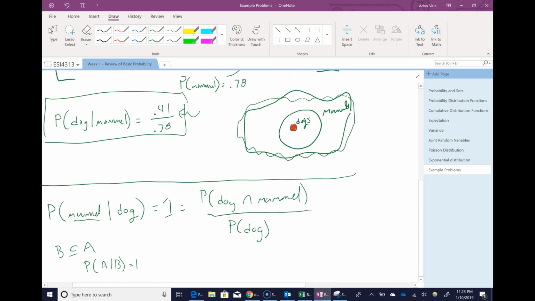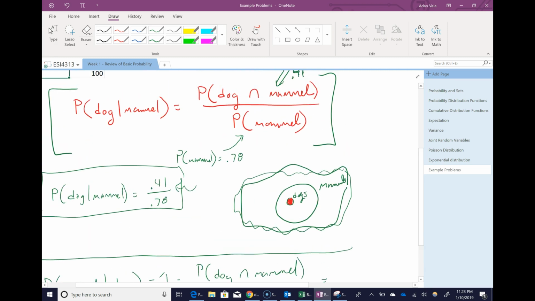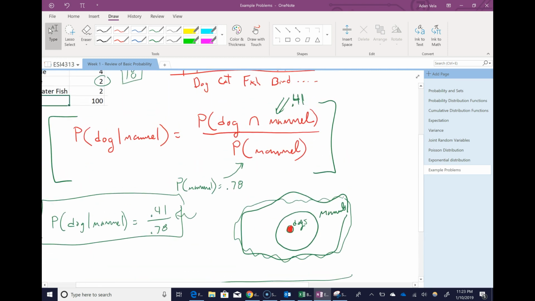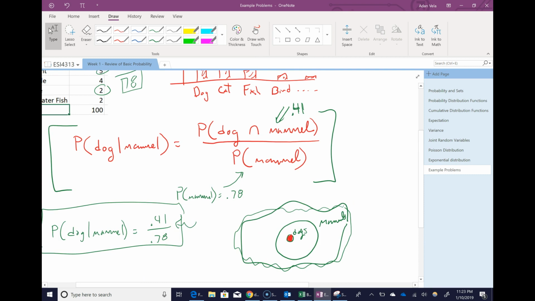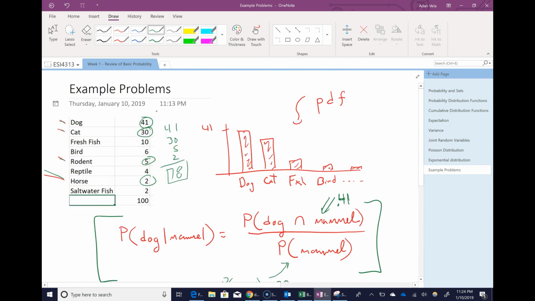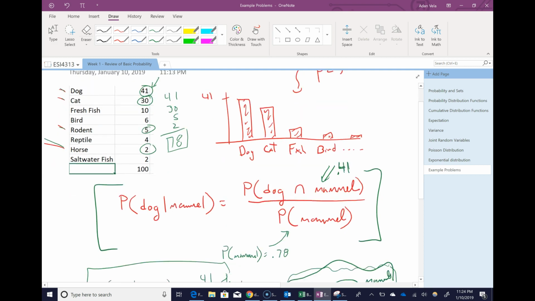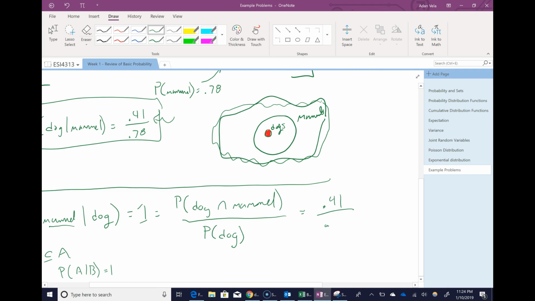So again, this probability of dog and mammal we know from up here, which is 0.41. And then we divide by the probability of dog, which is 0.41. So sure enough, 0.41 divided by 0.41 is 1.